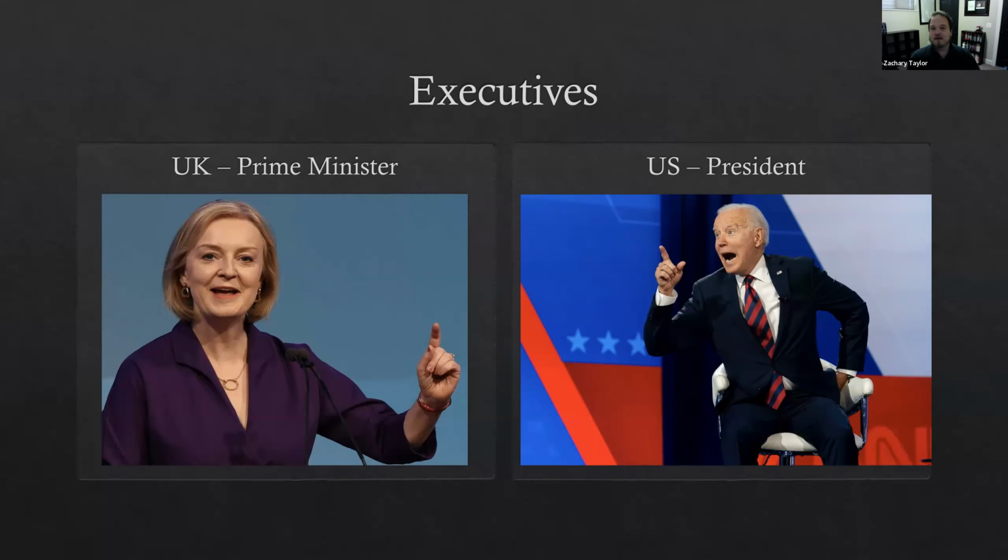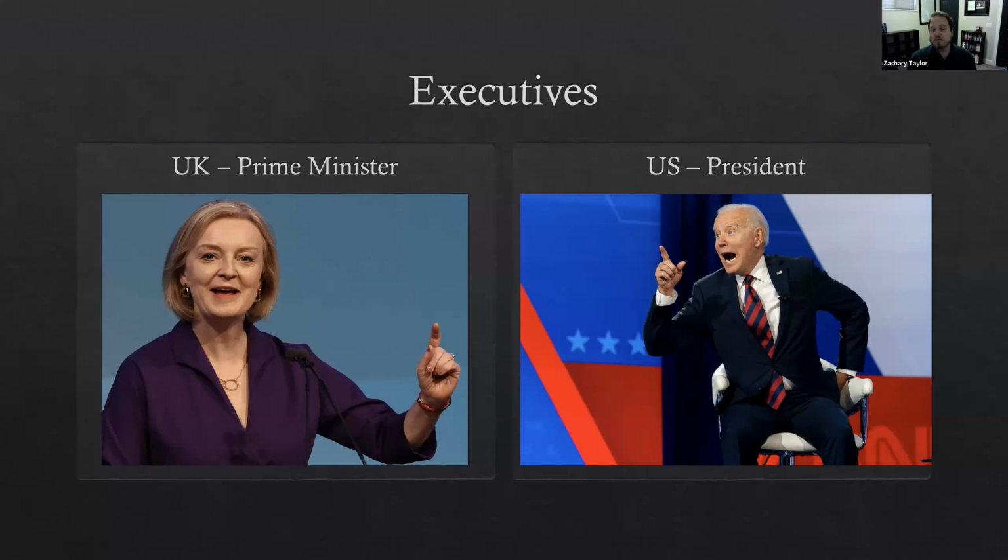If you go back and look at the Constitution and the things that the Constitution gives the president as far as powers, you see a lot of things as far as the president is responsible for signing treaties with other nations. The president serves as that figurehead of the United States when it comes to acting on an international stage, which granted in 1789 was a very different international stage than we see today.